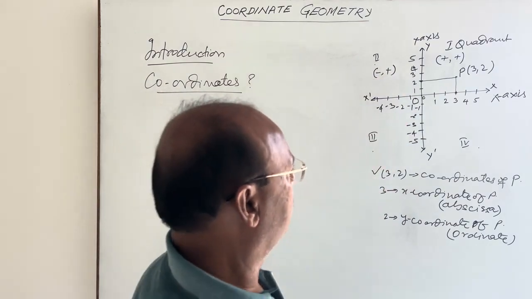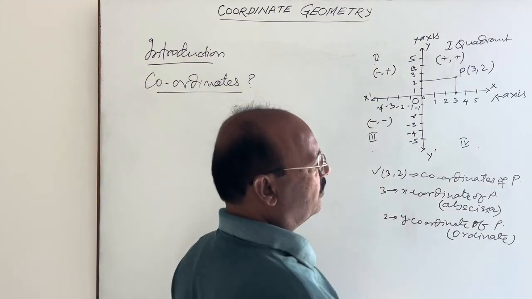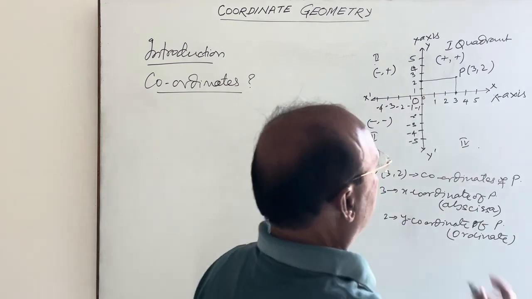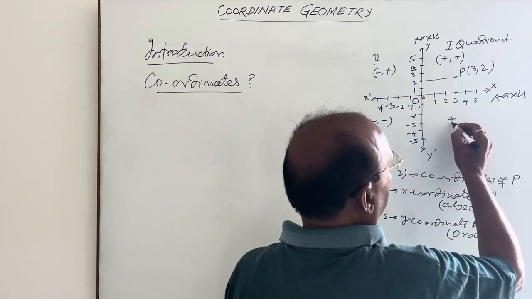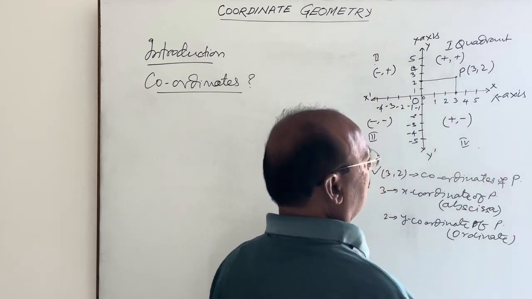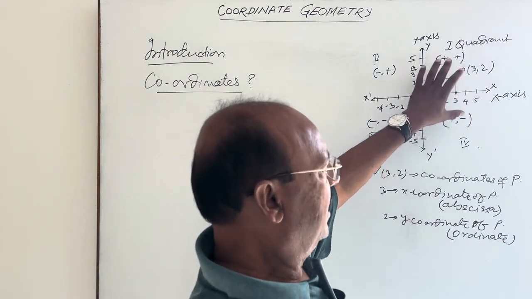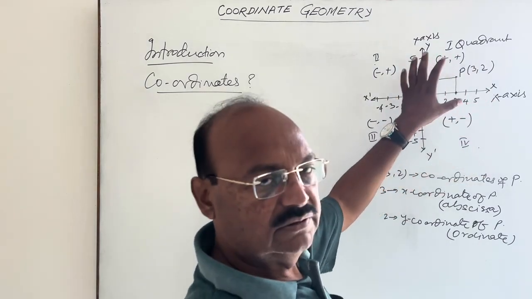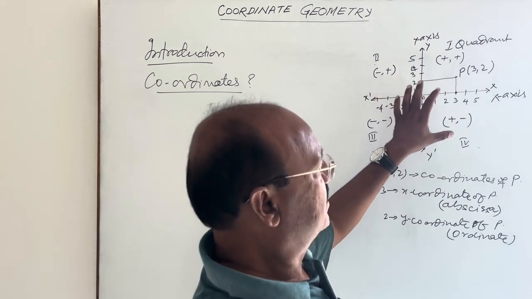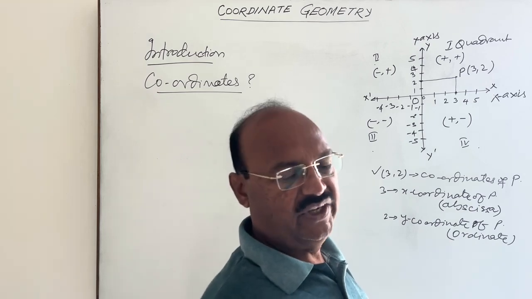Similarly, in the third quadrant, both the coordinates are minus. And in the fourth quadrant, x coordinate will be plus along this side and y coordinate along this side will be minus. So depending on the point lying on different quadrants, we can see that some of the coordinates are positive, some are negative.